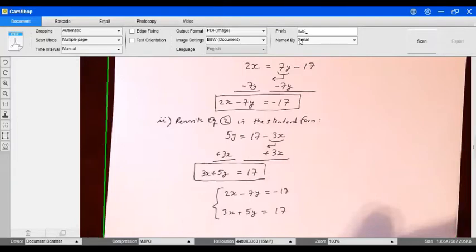So what I'm going to do is I'm going to eliminate x. So I'm going to cross multiply the coefficients of x.